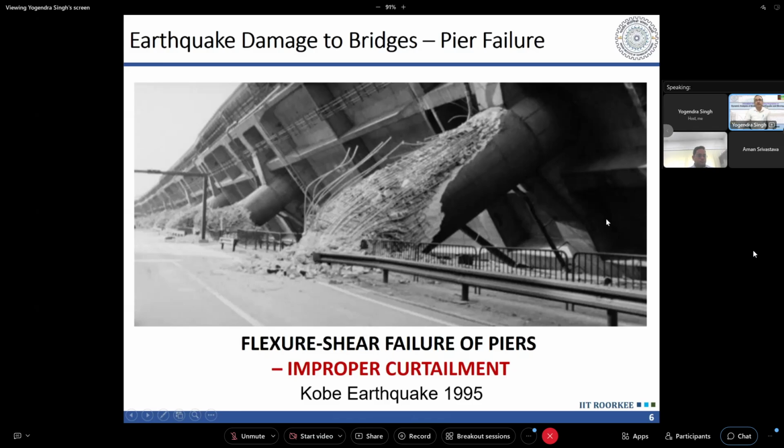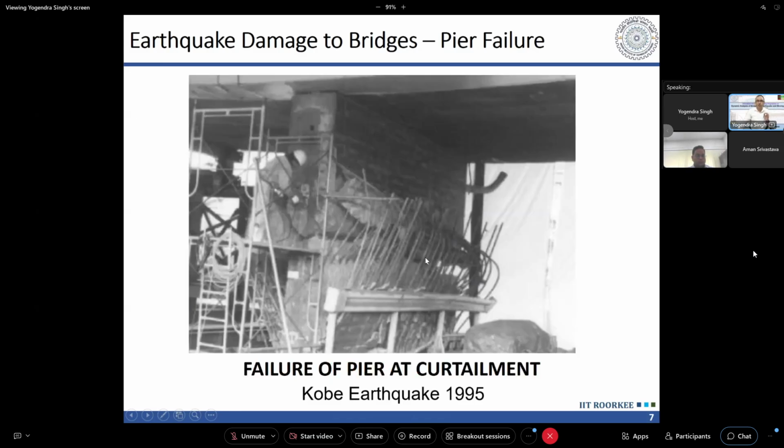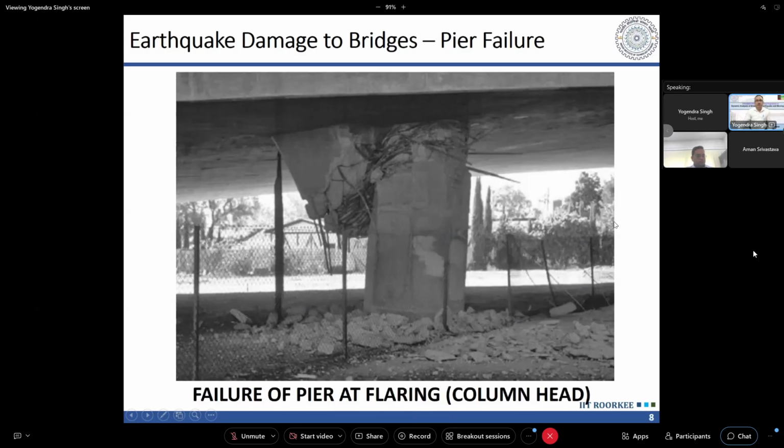But what we understand is that the piers are the most important component of the bridge which undergoes damage in an earthquake. So pier modeling in a bridge is most critical. We should give adequate attention to modeling of piers. Here, the pier failed due to flaring of the column near the joint with the bridge.